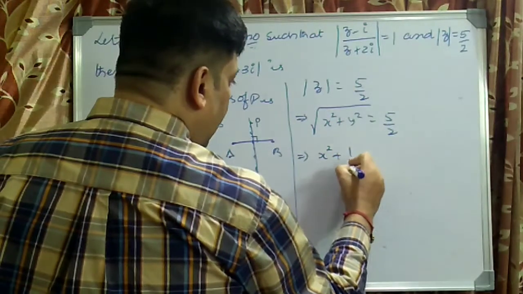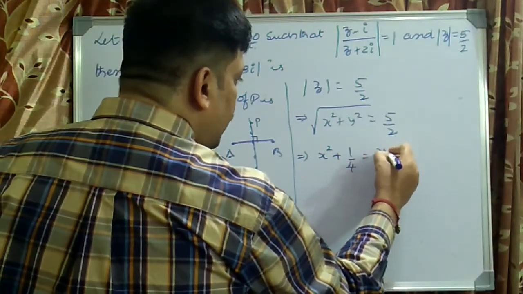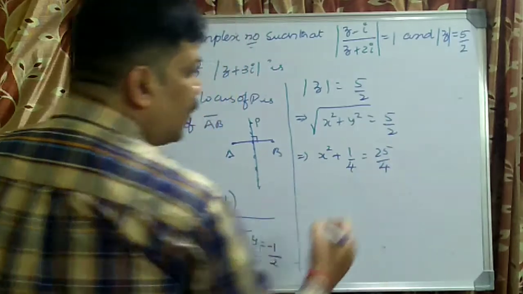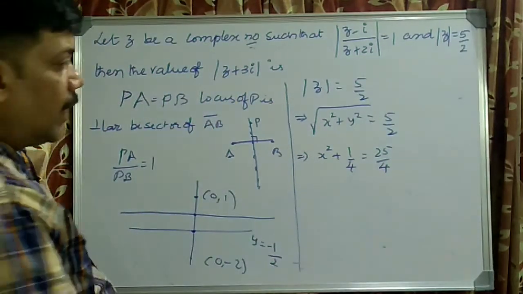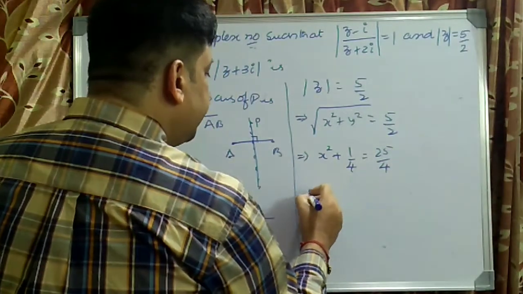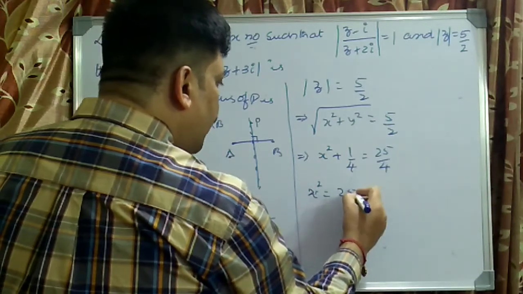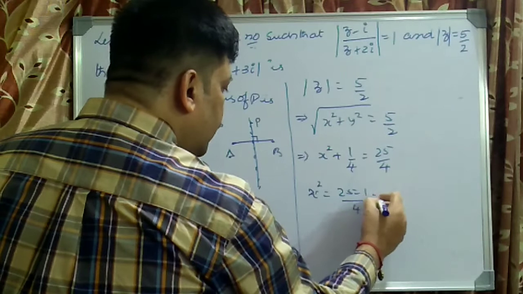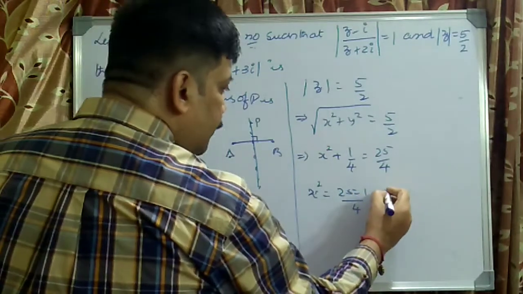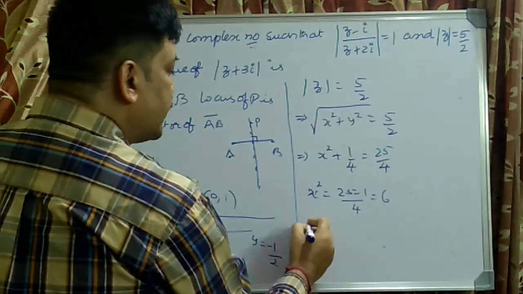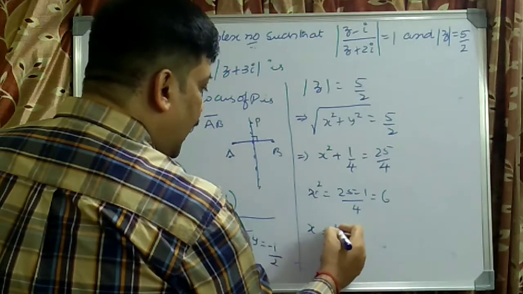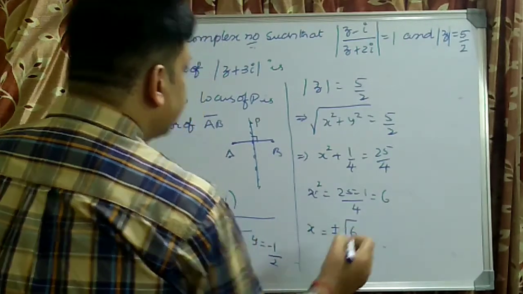Substituting here, I have got x square plus 1 by 4 is equal to 25 by 4. Now x square is equal to 25 minus 1 by 4, which is 24 by 4, which is nothing but 6. So x is equal to plus or minus root 6.